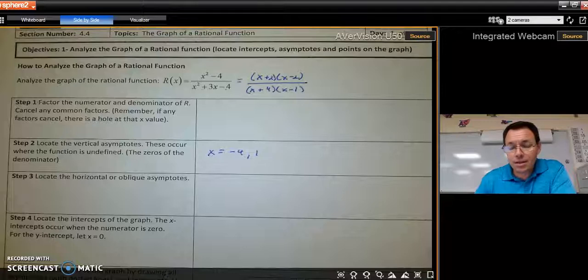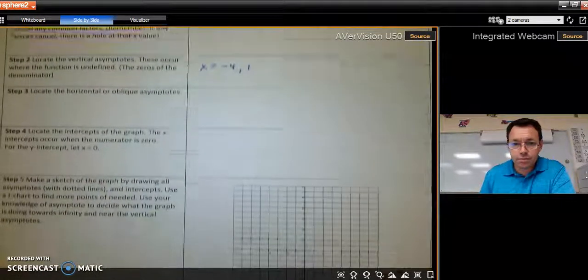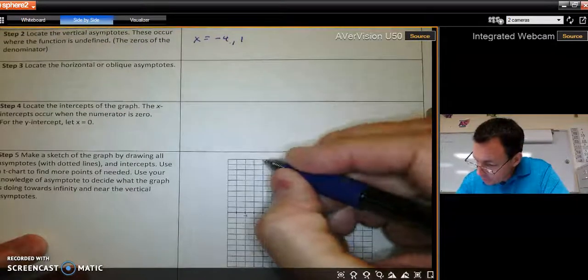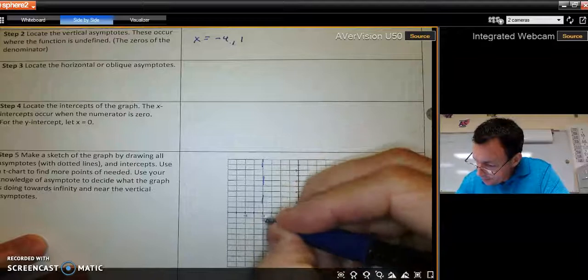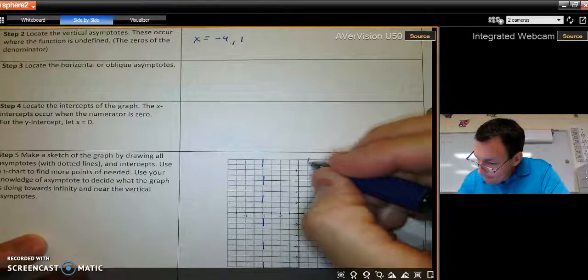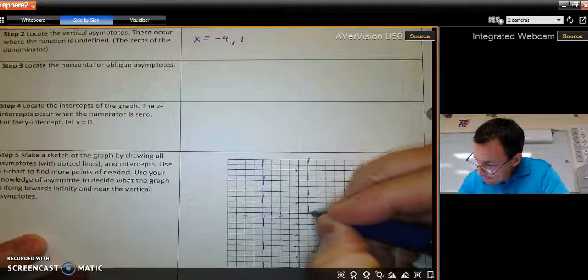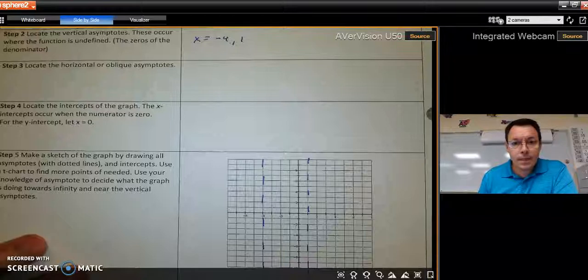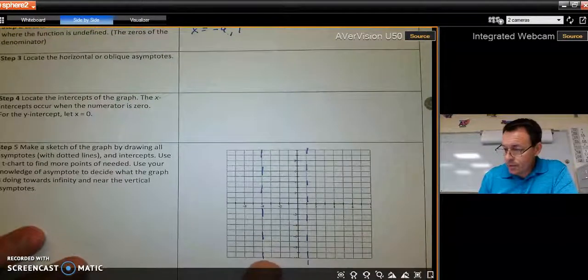And honestly, if I was doing my homework, I would go down to my graph and graph those. These are two vertical lines, -4 and +1. Now what these are going to do is chop our graph.